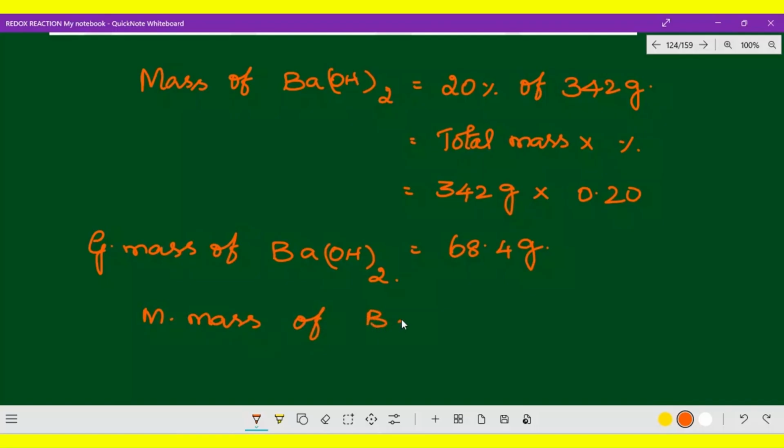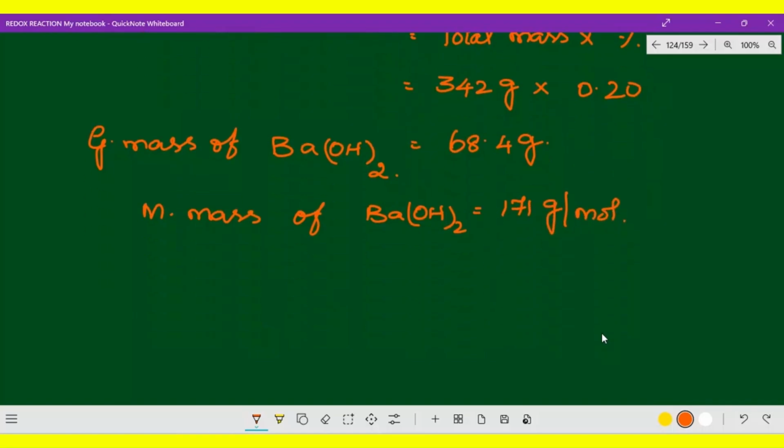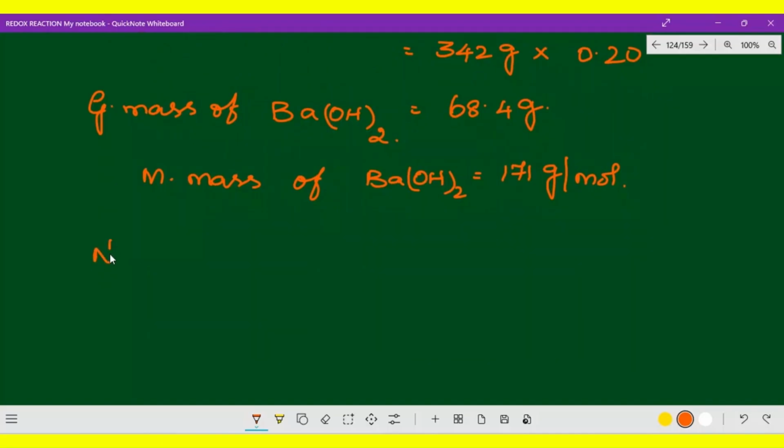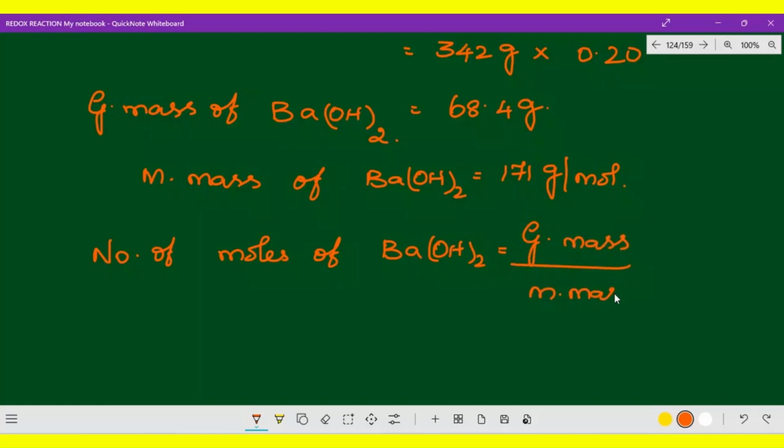The molar mass of barium hydroxide, Ba(OH)2, is 171 gram per mole. Now, the number of moles of barium hydroxide. How much will you get? Given mass by molar mass, right?